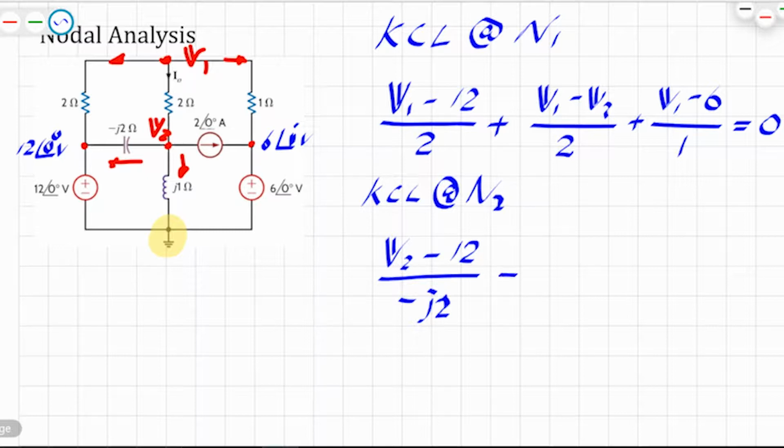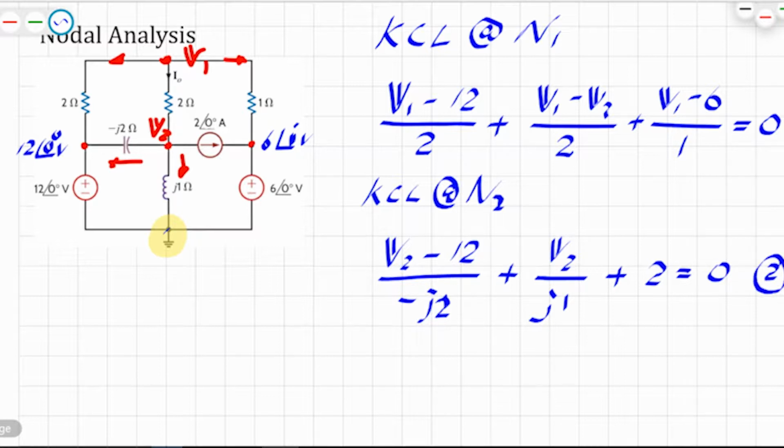Then adding another current coming out, that is V2 minus 0 because the other side is grounded, so simply V2 divided by the impedance of the inductor, which is J1. Finally, the current source coming out of that node is 2. That should be equal to 0. That's my equation 2.